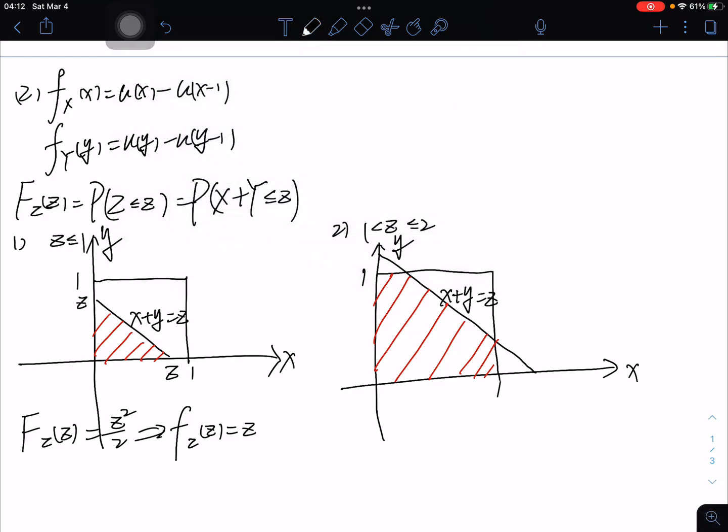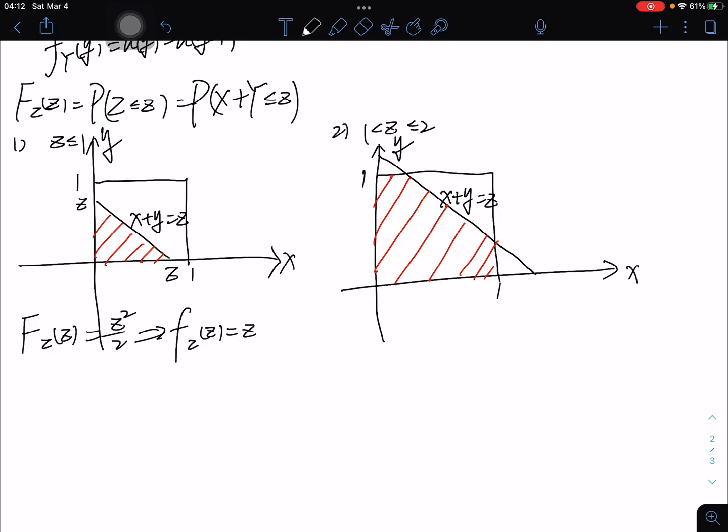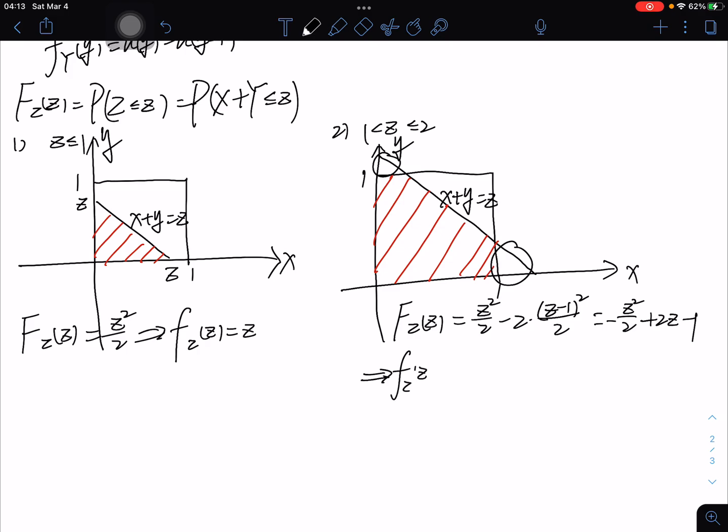So F_Z(z) equals 2 minus 2, this and this rectangle's area, right? And this equals this.